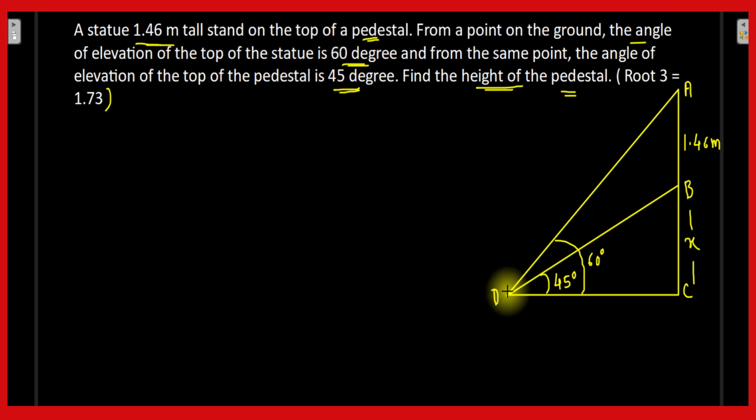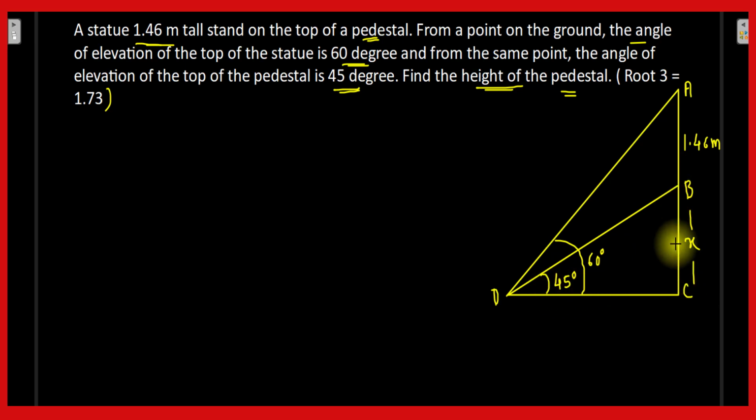And from the same point, the angle of elevation of the top of the pedestal or the bottom of the statue, both are the one and the same thing, is 45 degrees from the same point D, and you have to find the height of the pedestal.